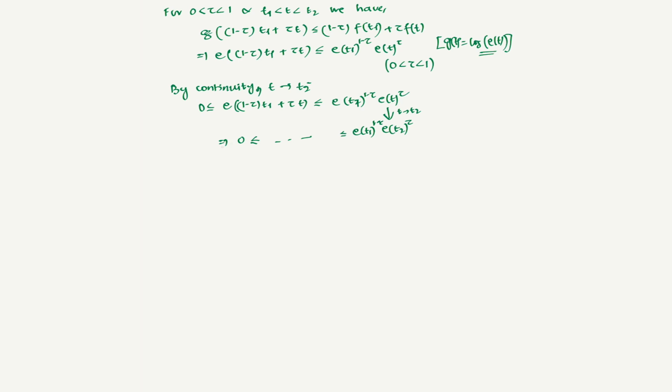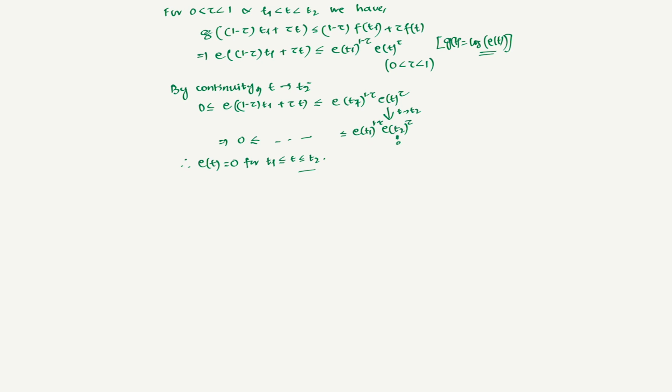So what does that mean? It means that e of t is 0 for t between t1 and t2. This is given to be 0, this is what our assumption was.